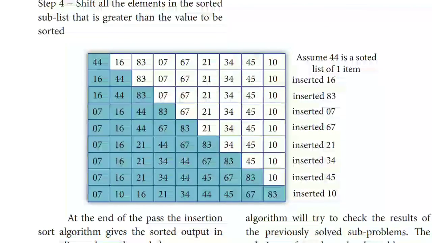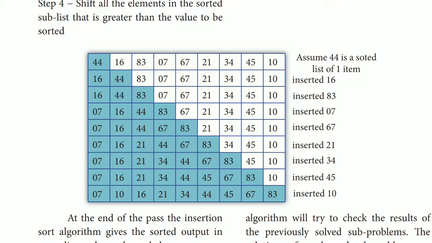Okay, so next is 83. So 83 should be inserted. It will compare all the values in the list, 16 and 44. 83 is greater than 16, so you cannot place it there. 83 is greater than 44, so it must be placed next to 44.